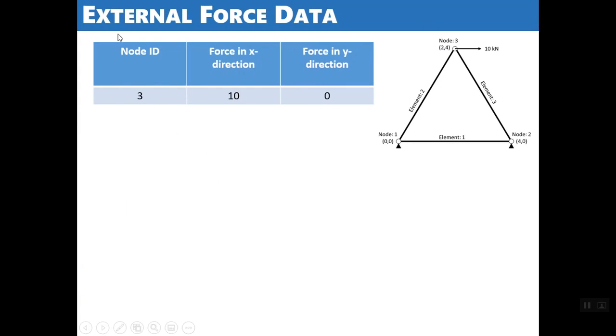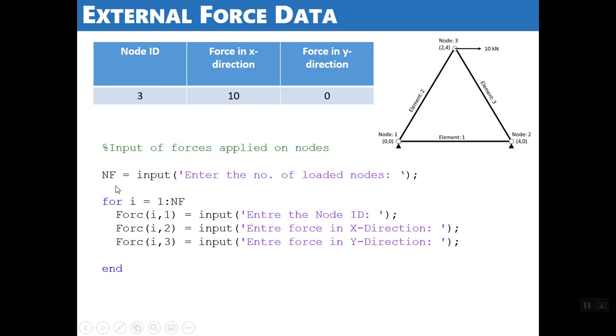Last important input is external force data. So we have to input this sort of table beginning with node ID, the value of force in x direction, the value of force in y direction acting on this node. So similar to previous examples, we have to begin with demanding user how many nodes have force or load acting on them.